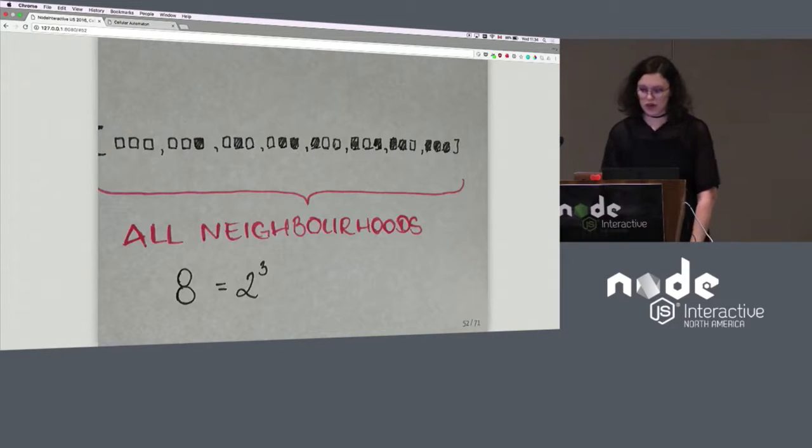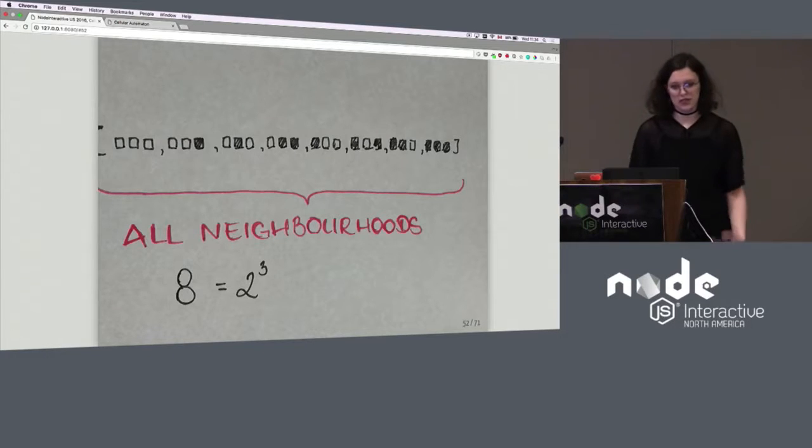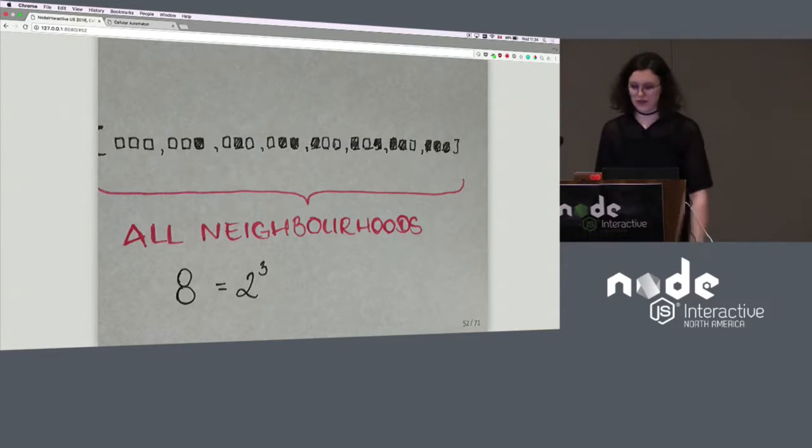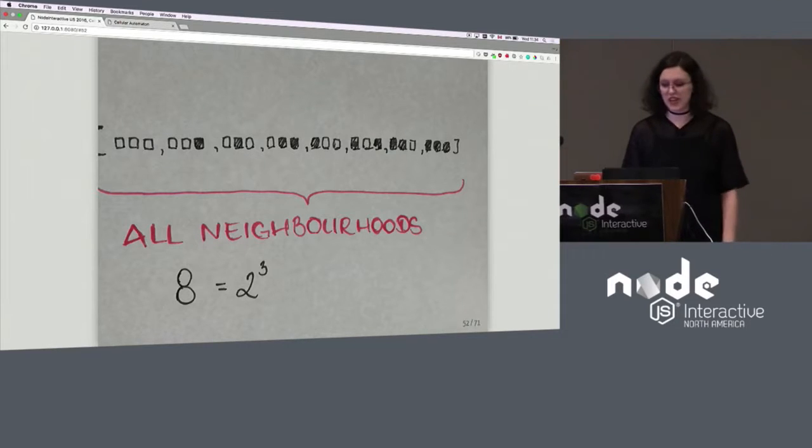Because you're only dealing with ones and zeros, you only have 8 neighborhoods you're ever going to deal with. They're all color-coded for your convenience and delight. So 2 states, only 8 neighborhoods, because there are 2 states and 3 cells, so 2 to the power of 3 is 8.